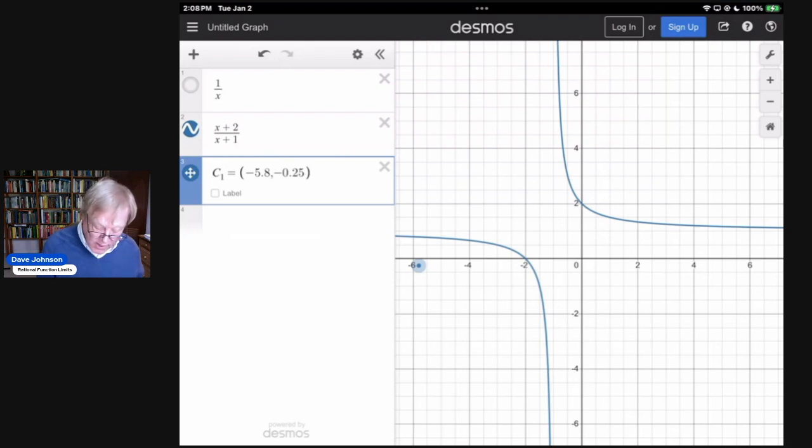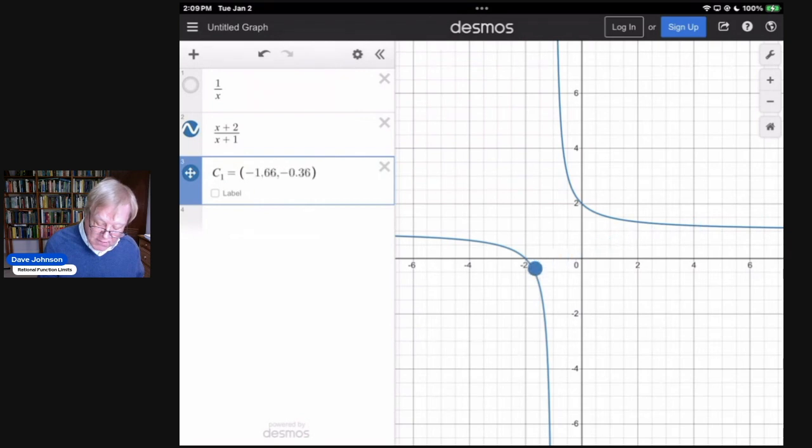So the x plus 2 divided by x plus 1. So remember our vertical asymptote was -1. And so if x is greater than -1, then x plus 2 over x plus 1 is going to go to positive infinity as x gets closer and closer to -1. But as x gets bigger and bigger and bigger, you're going to approach the horizontal asymptote, which we showed was y equals 1.